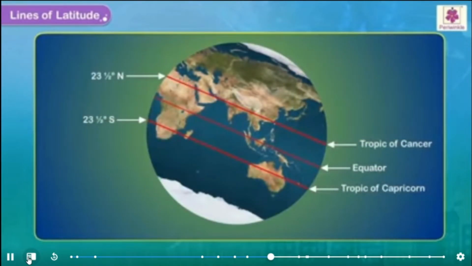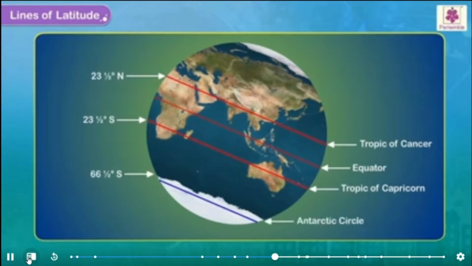The line of latitude at 66.5 degrees south defines the Antarctic Circle. The line of latitude at 66.5 degrees north defines the Arctic Circle.